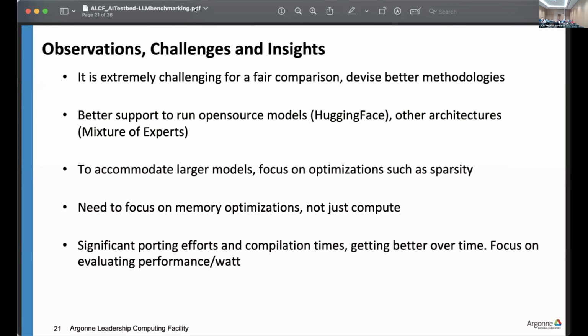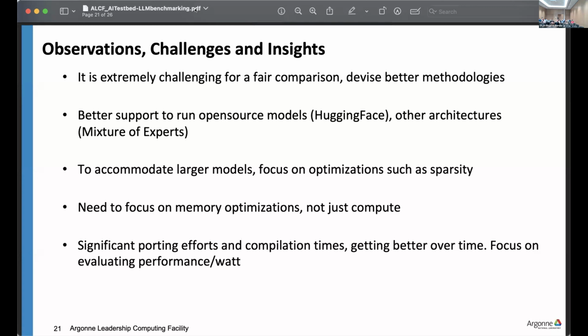We need some changes, like how we implement sparsity from the model side. From the system side, we know compute was okay, but there are significant issues with memory and communication. So there are a lot of key focus areas, trying to understand how we can identify the bottlenecks and resolve them.